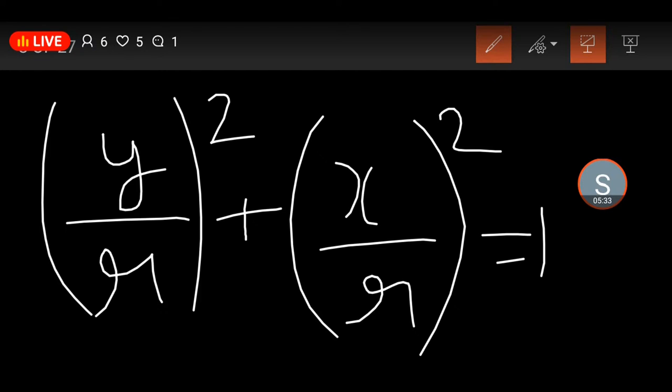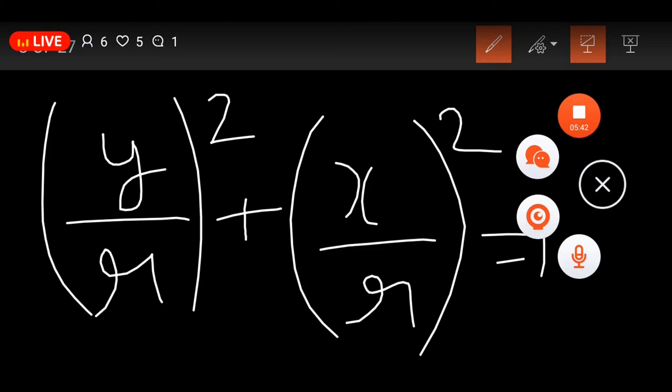Sorry for the noise disturbance guys. Now using this, y by r will become sin theta and x by r will become cos theta.